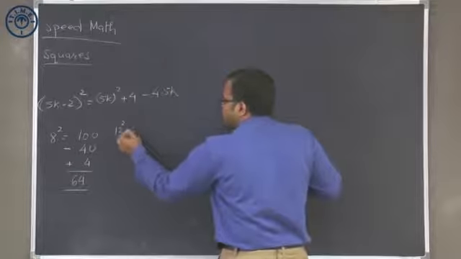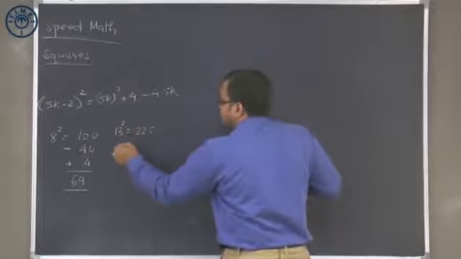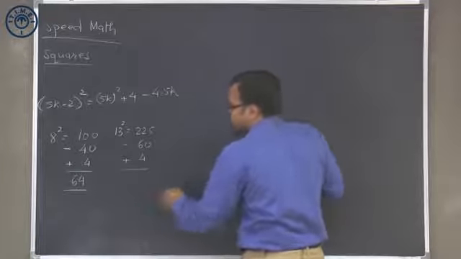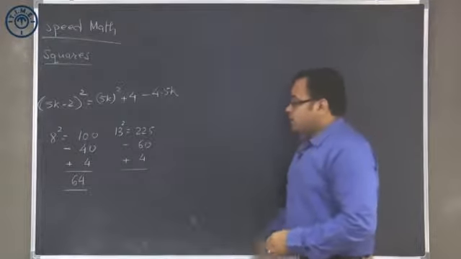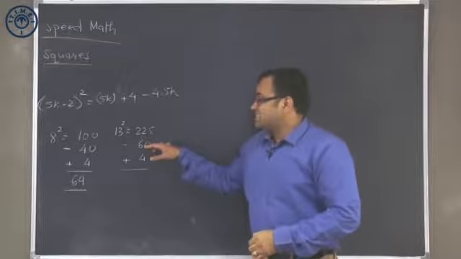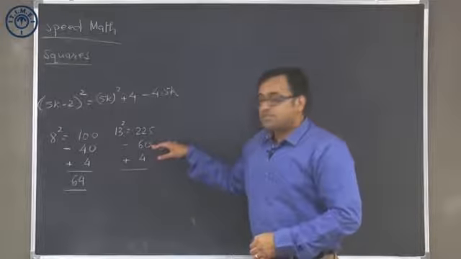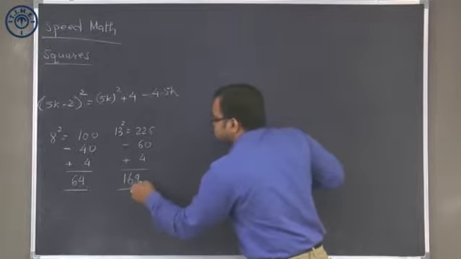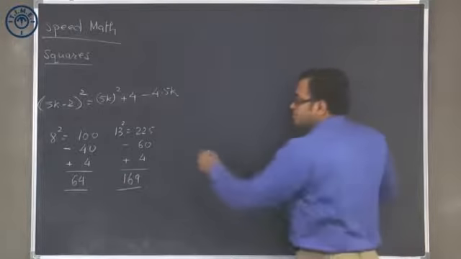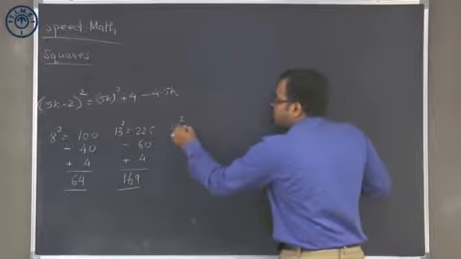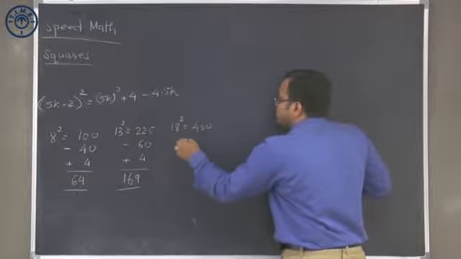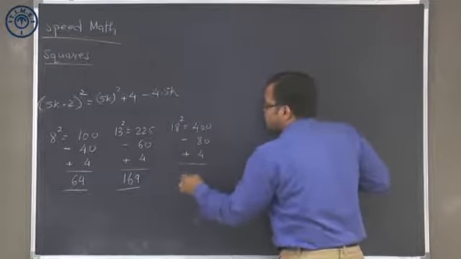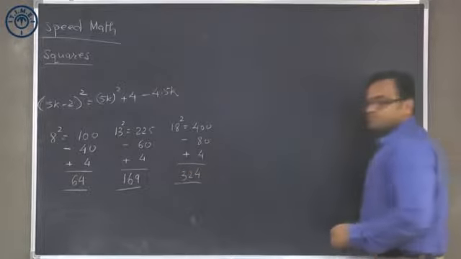13 square: this is 15 square, 225, minus 15 into 4, which is 60, plus 4. 225 minus 60 is 165. 165 plus 4, 169. 18 square: 20 square is 400, minus 20 into 4 is 80, plus 4, so that becomes 324.